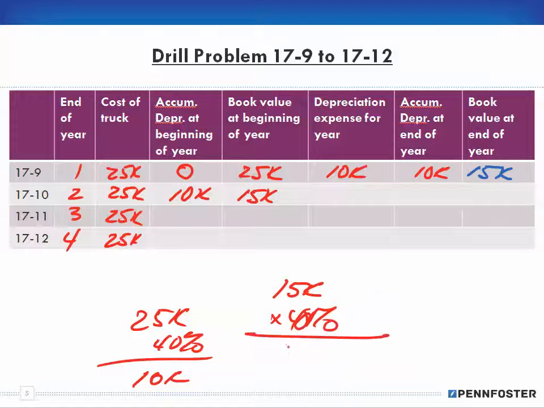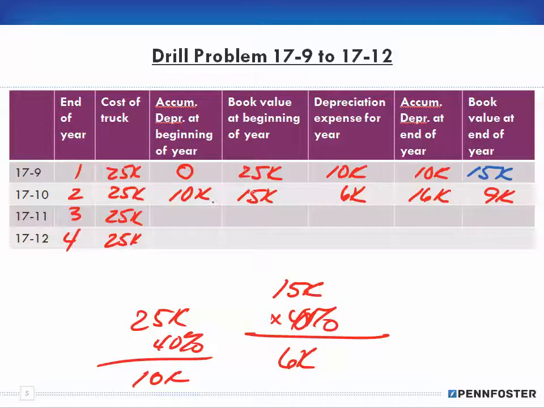That means our depreciation for year number 2 is now 6,000. Then accumulated depreciation is 10 plus 6 is 16, and our book value is 25,000 minus the 16,000, or 9,000. It's just that simple.